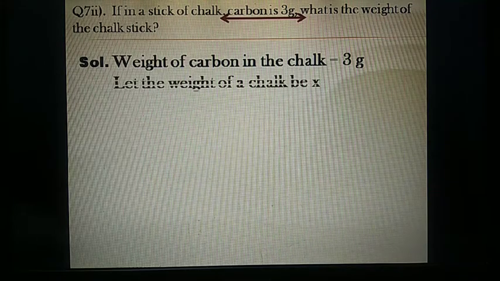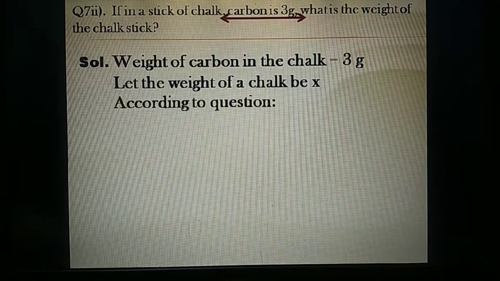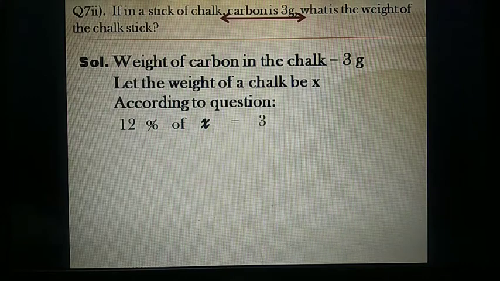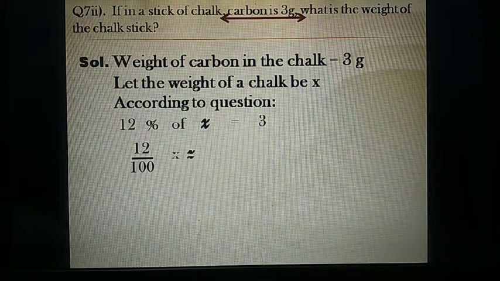It's given to you. And let the weight of the chalk be X. As per the question, 12% is carbon. So 12% of the total chalk is carbon. That is 12 upon 100 of X, means into X, is equal to 3.